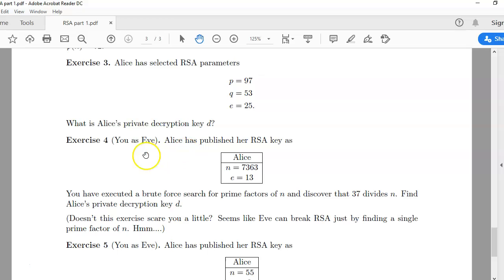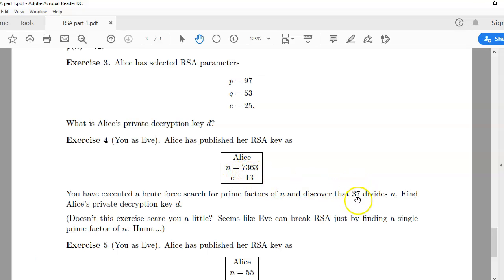In exercise 4, I want you to be Eve. Pretend you're the enemy now. Alice has published her public key data, and this is all good data. N is 7363 and E is 13. You sit down and do a brute force search for prime factors of 7363, and you find that 37 is a factor of n.